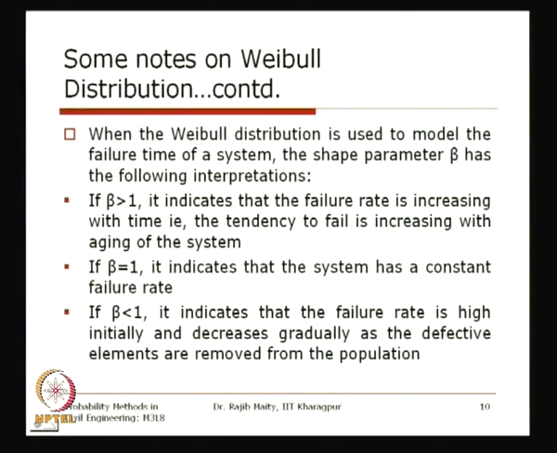So, when we say that beta is less than 1, it indicates that the failure rate is increasing with time. That is, the tendency to fail is increasing with the aging of the system. This is important for different civil engineering problems.